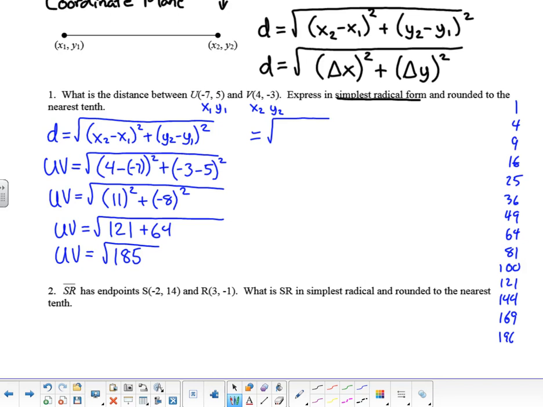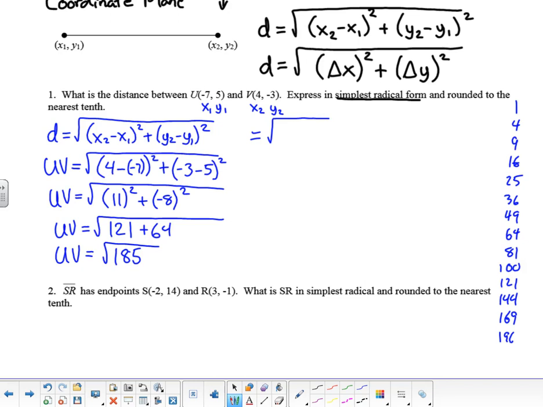Divided by 16, nope. Divided by 9, nope. Divided by 4, nope. So I don't think there is a perfect square that goes into it, so the square root of 185 is simplest radical form.